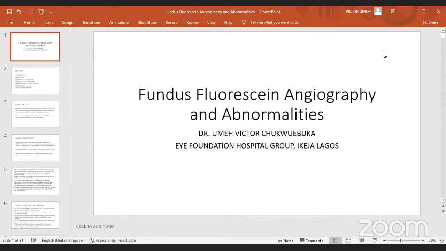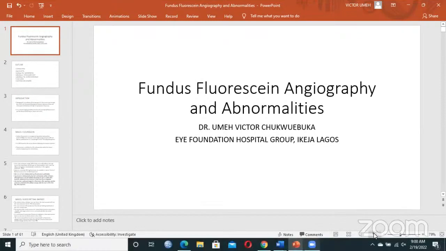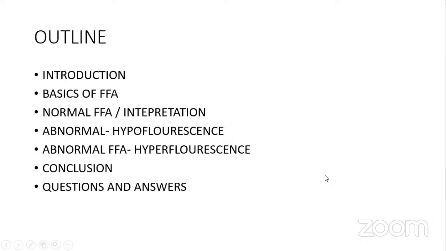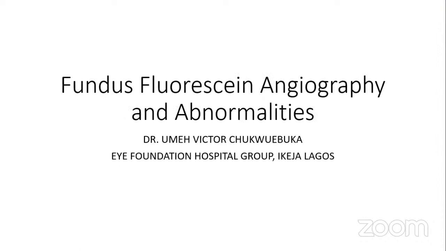Thank you once again for having you to finish what we started 2 weeks ago. Dr. Ume took us on abnormalities of fundus fluorescein angiography, the principles, the anatomy of the choroid, the retinal pigment epithelium, and the retina vis-a-vis these abnormalities. And he gave us a lot of insight into hypofluorescence as an abnormality on fundus fluorescein angiography, and various differential diagnoses.